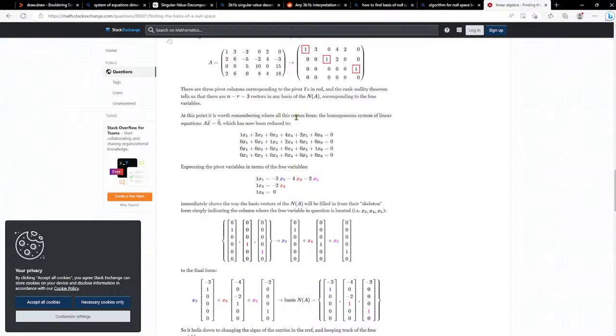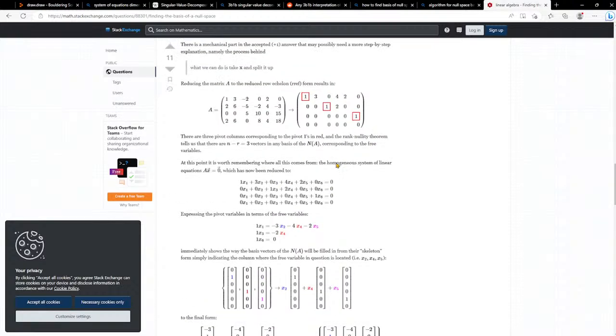It is worth remembering have been reduced to this. Expressing the pivot variables in terms of the free variables, we have that. Immediately shows the way the basis vectors of the null space will be filled in from their skeleton form, simply indicating the column where the free variable in question is located.